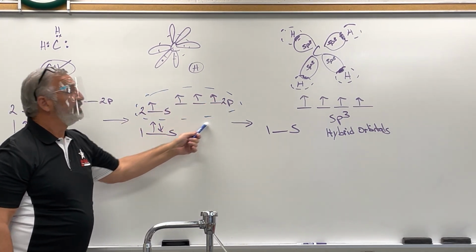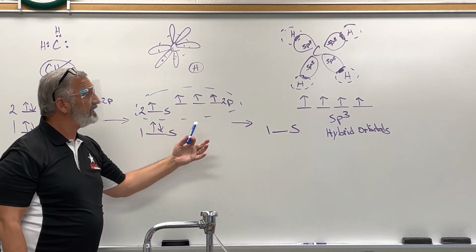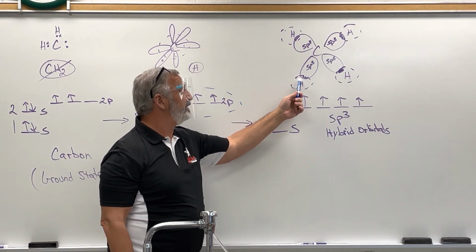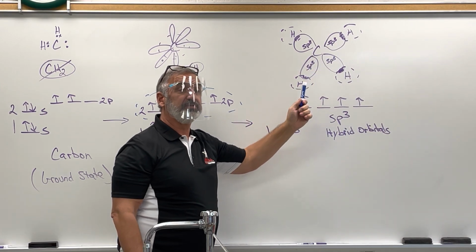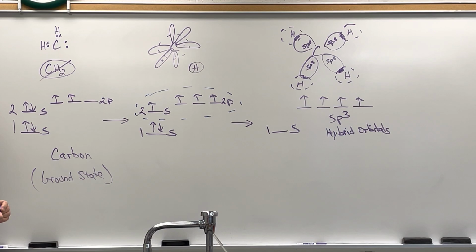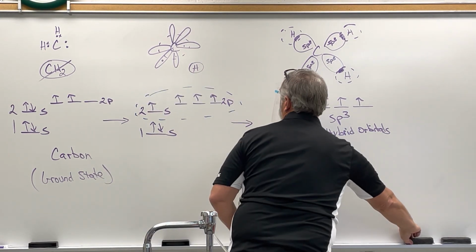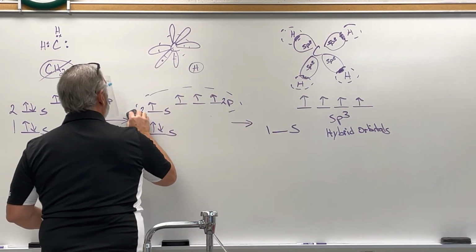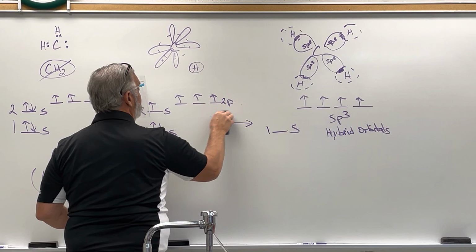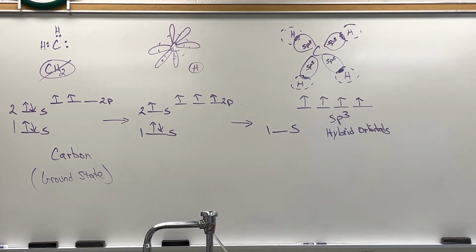So sp3: all 3 of the p orbitals hybridize, so we get 4 equivalent hybrid orbitals. Now, this doesn't just happen with carbon. Generally, anything that has 4 electron pair domains around it, 4 pairs of electrons around an atom, in other words a filled octet, you're going to get hybridization.